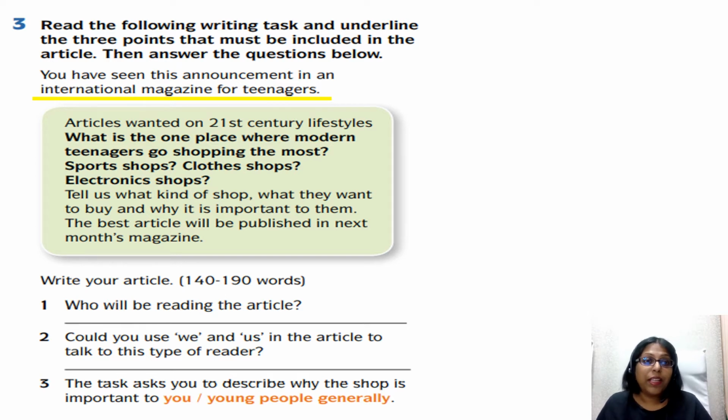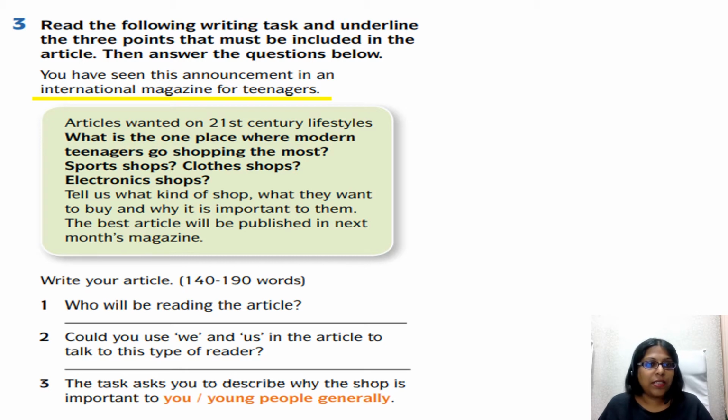Remember the word international. International means the whole world. Teenagers are young people, this magazine is for young people for the whole world, right? International. Alright, underline 3 points that must be included in the article.